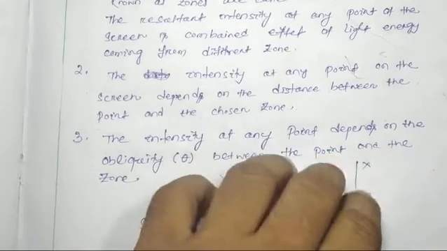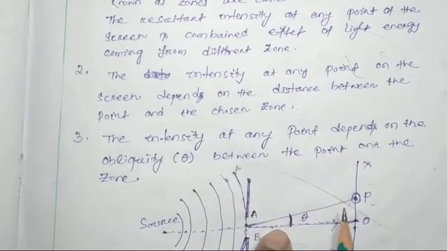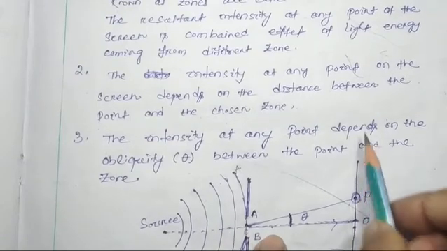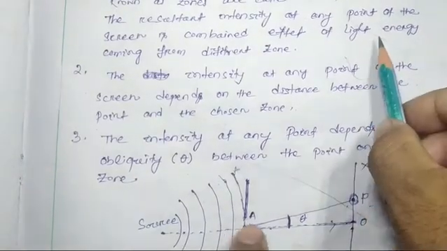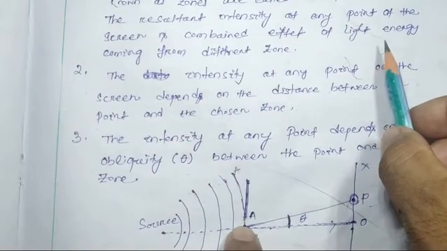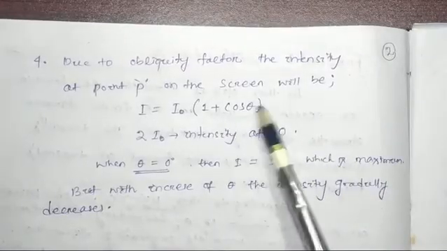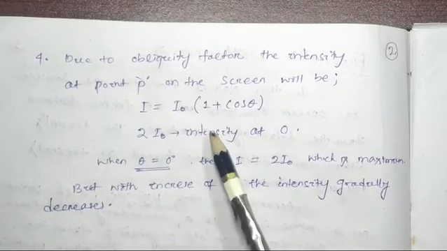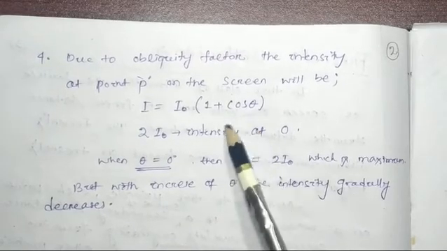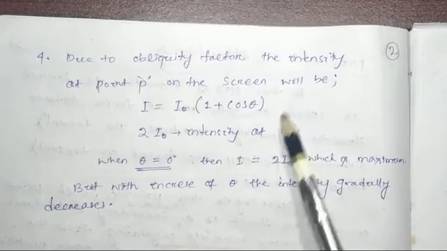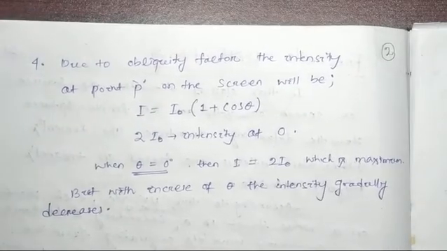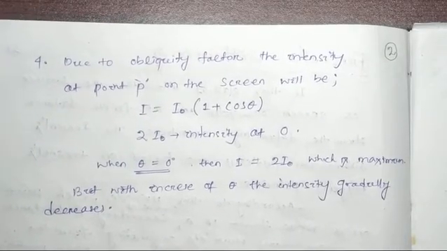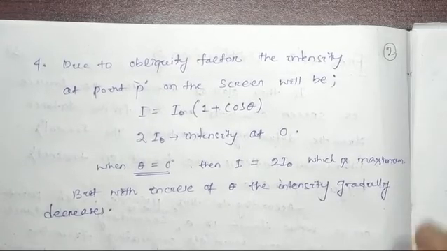Okay, so if this angle is 90 degrees, that means the point is farther from this slit, then what will happen? Cos 90 degrees is equal to 0, so this value will be 0, and the intensity will be minimum, that is I0. The intensity is only I0 for theta equal to 90 degrees.